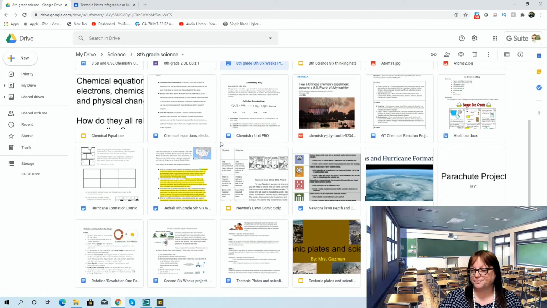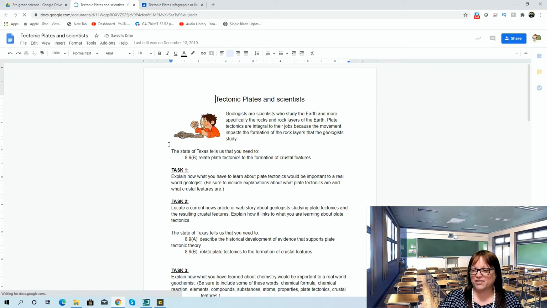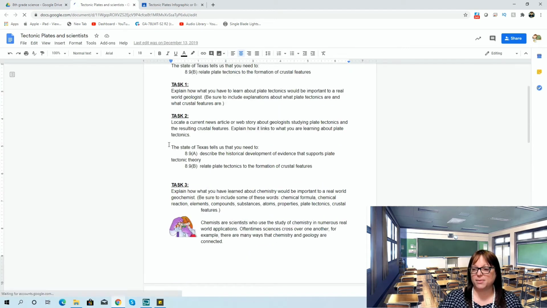And we did tectonic plates and ologists and different scientists, and then I made them connect it to how chemistry, explain how what you learned about chemistry would be important to a real world geochemist. So they don't necessarily always understand that what I've learned here can connect to what I've learned here.